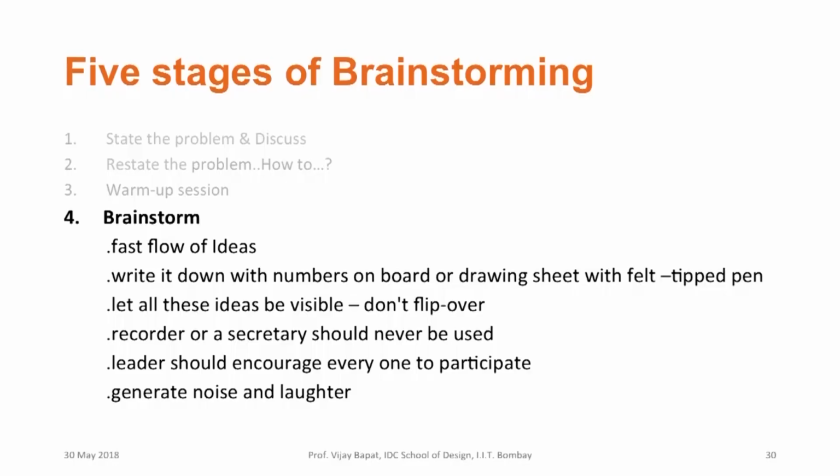Most important during brainstorming is fast flow. It is like a manthan. Everybody should contribute quickly. You are not describing your idea, but it should be a small 2-word, 3-word statement. Because when you start describing, you are actually trying to elaborate on it, you are trying to develop that idea. Development happens afterwards.